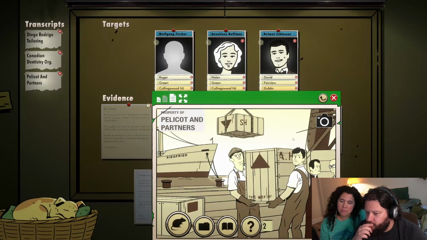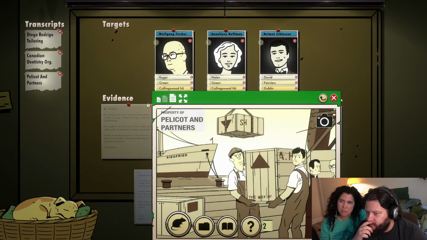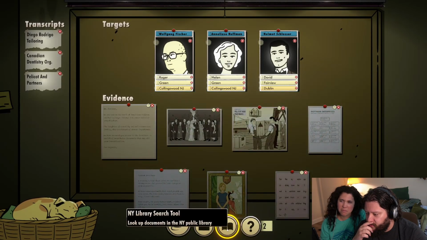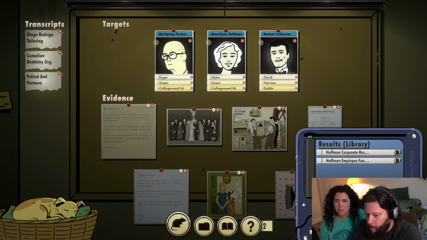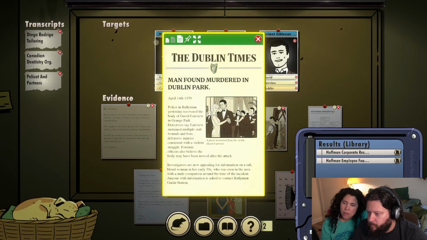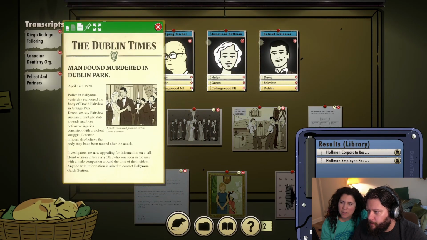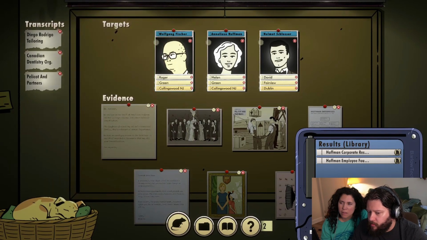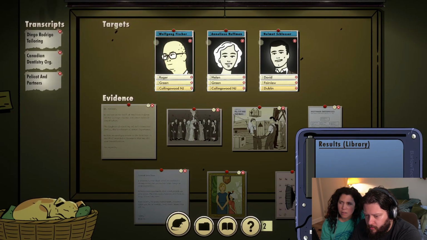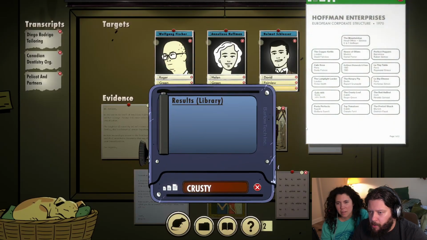I'm going to say, do we think this guy... Hold on one second. I'm going to look up Hoffman again. Do you think you look like him at all? No. Okay, what about Krusty? Because he was at the Crusty Loaf.